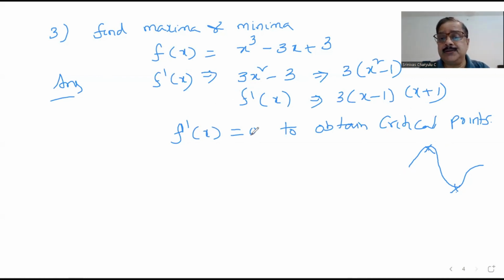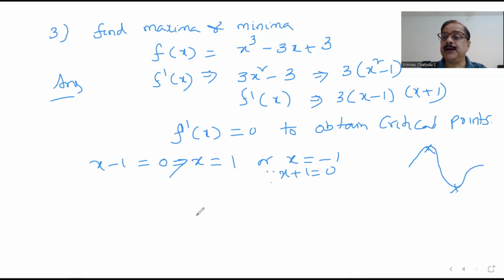So if you equate f dash x to 0, you will get x is equal to 1 or x is equal to minus 1, because x minus 1 is equal to 0 and x plus 1 is equal to 0. One value came plus 1, another value came minus 1.